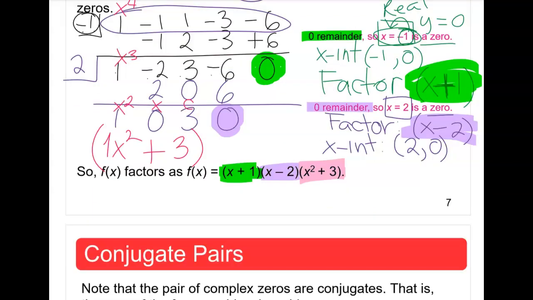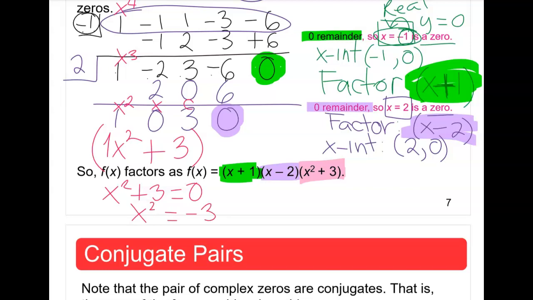Now, if we were asked to find the zeros, remember this is degree 4, so we should have 4 zeros. So if we take that third factor, the x squared plus 3, equal it to 0, and then try to solve for x, we will get x squared is equal to -3.